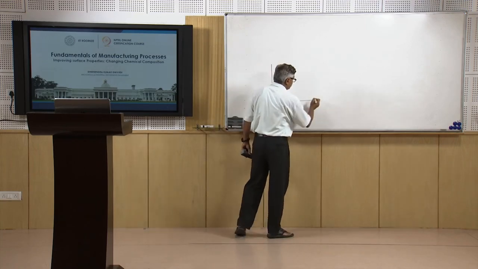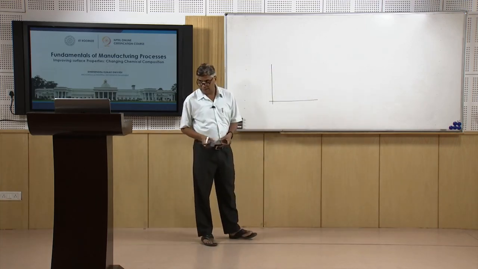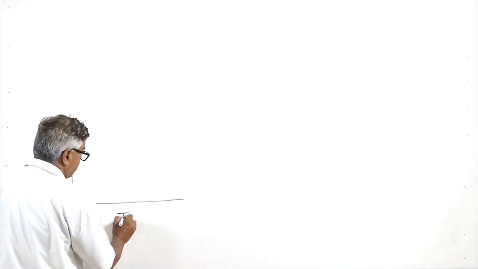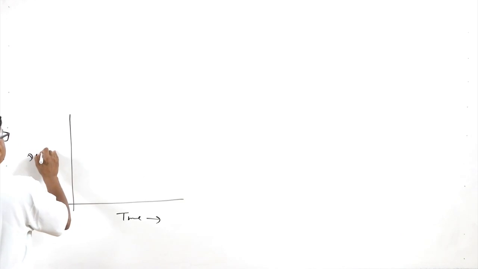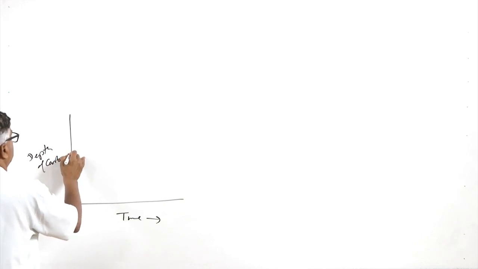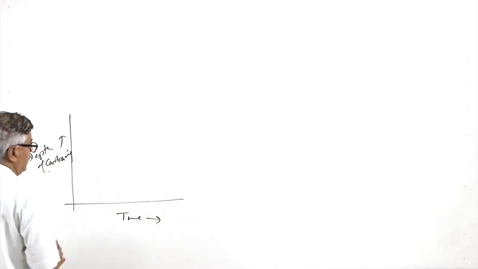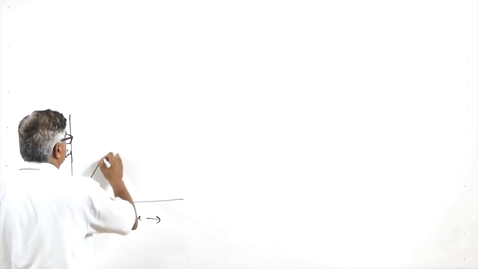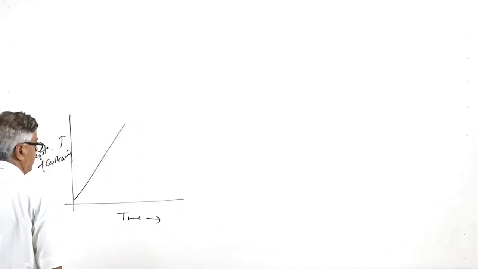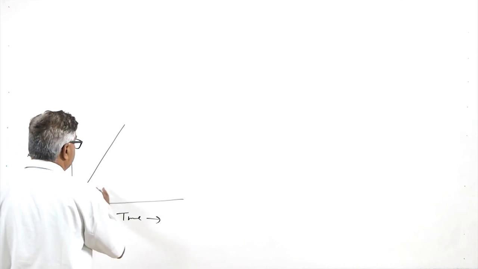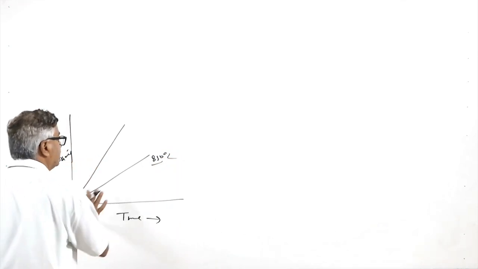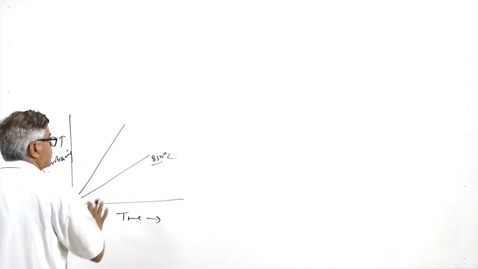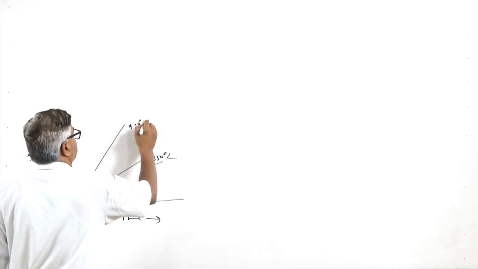This is what we can see in another diagram, where the carburizing time is on the x-axis and the depth of carburizing is on the y-axis. There is a continuous increase in the depth of carburizing with time, and the rate of increase is faster at higher temperature. At 850 degrees centigrade, the rate of increase in the depth of carburizing is slow as compared to the case at higher temperature.